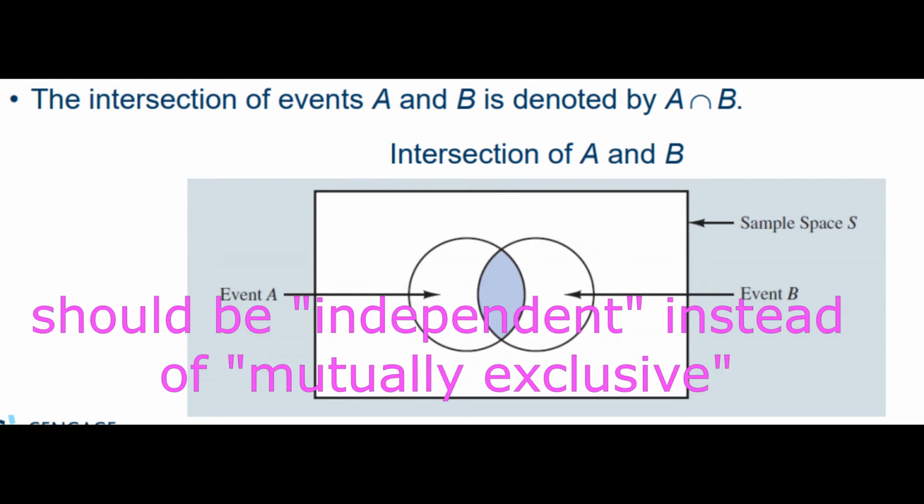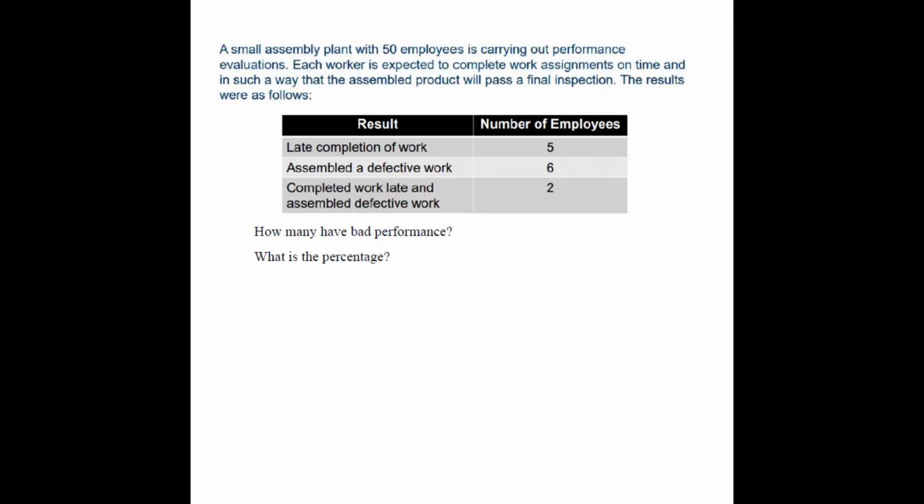The overlapping area is called the intersection. If there's no intersection between A and B, we call them mutually exclusive.